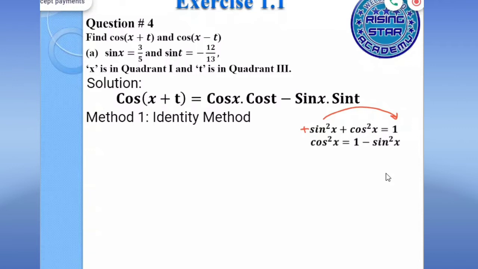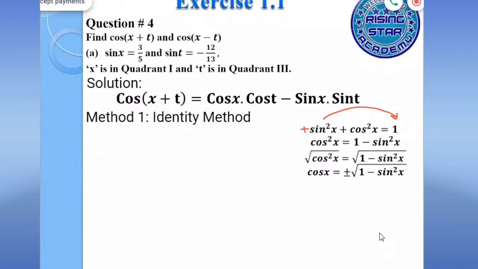The next step, we take the square root on both sides to get the final answer. Now the square of cos x is cancelled out with the square root. We removed the square root from cos x, but from 1 minus sine square x we can't remove it.